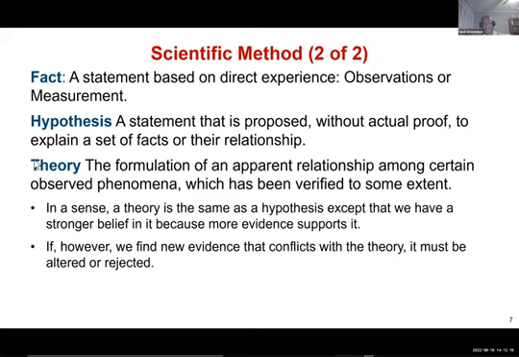Theories will be replaced by other theories. So you have to understand Newton's law for motion of objects, planets, stars, is replaced by Einstein's theory of relativity. That includes small particles as well, electrons and protons.